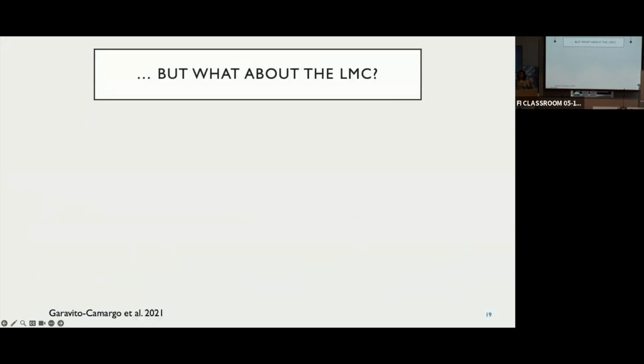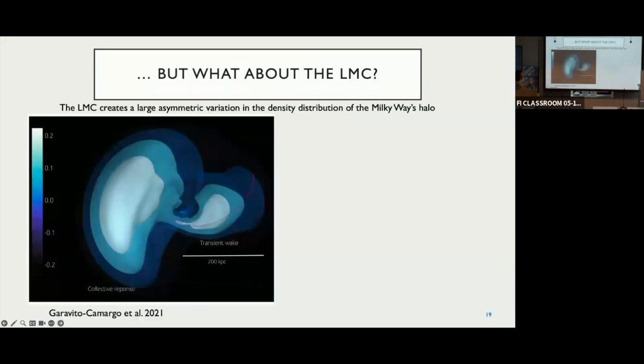Okay, but those of you who are familiar with this field will say, all very well, but what about the LMC? The LMC, we know, is a huge neighbor which is perturbing the Milky Way enormously.